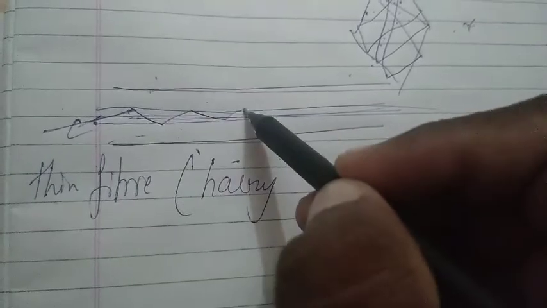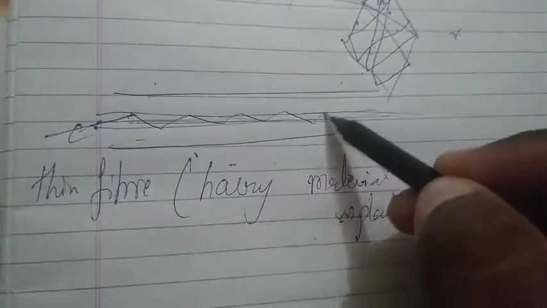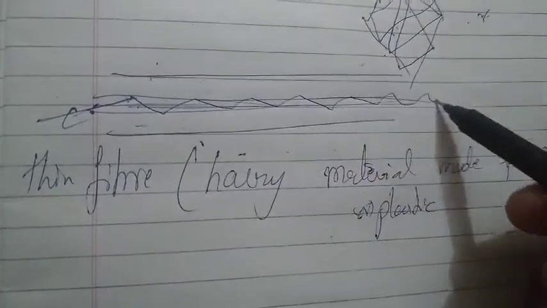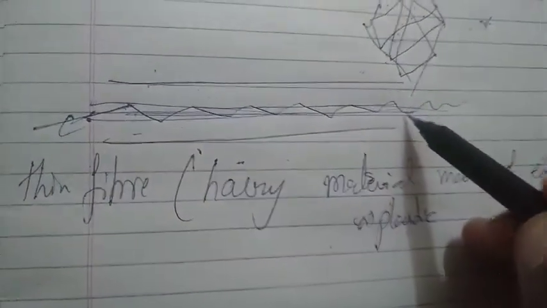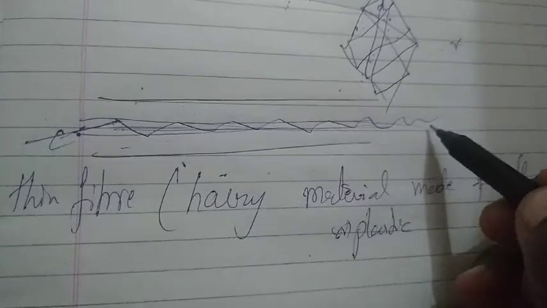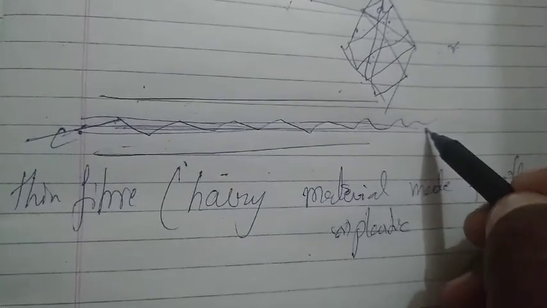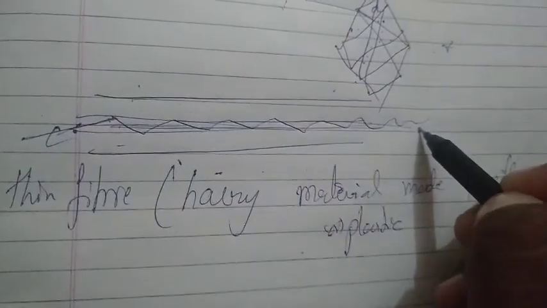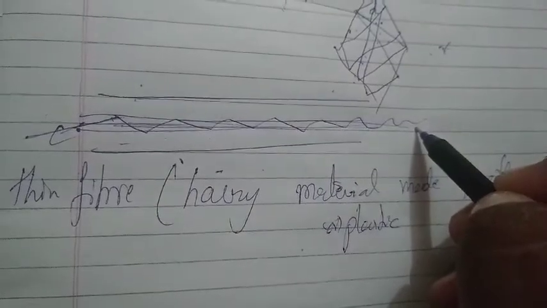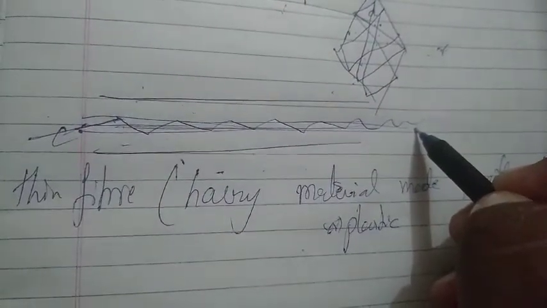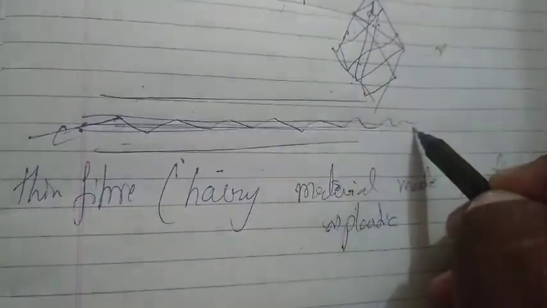The light enters inside beyond its critical angle, so it takes total internal reflection multiple times, continuously reflecting and reaching the other end. This is called total internal reflection in fiber optic communication.